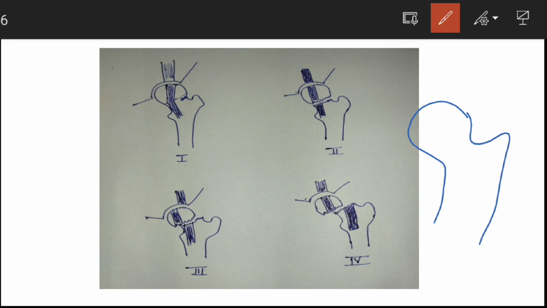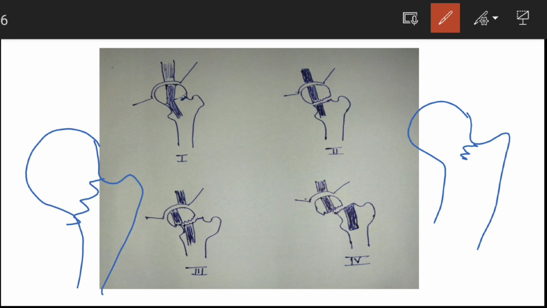If I draw the femur like this, you can see the first one is an incomplete fracture. In second, third and fourth, it is a complete fracture like this.